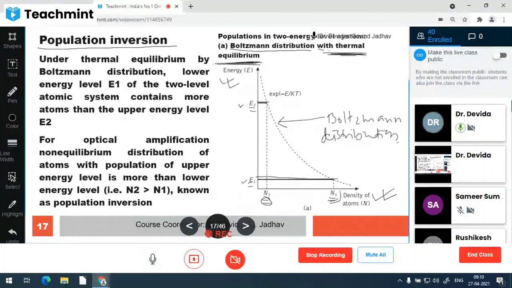What is there normally? Any semiconductor crystal normally has a large number of charged particles, a large number of atoms. So N2 is less than N1, right? N1 is more than N2.